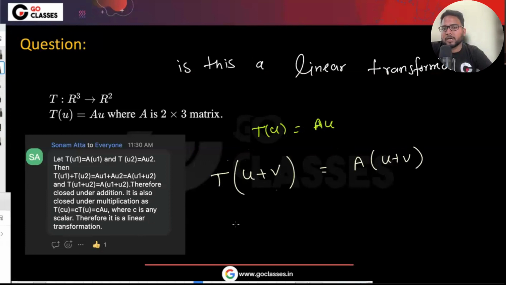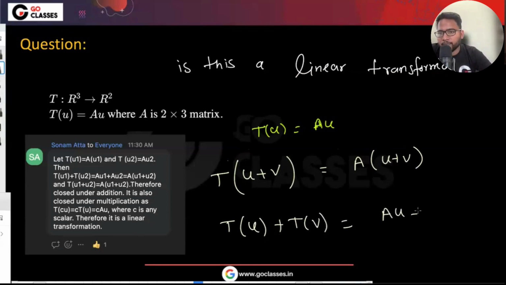Or you first take the transformation and then you add them later. Then it will be Au plus Av, right? Just check whether these two are the same or not. I think these two are the same, right? So that is why this particular property is satisfied.